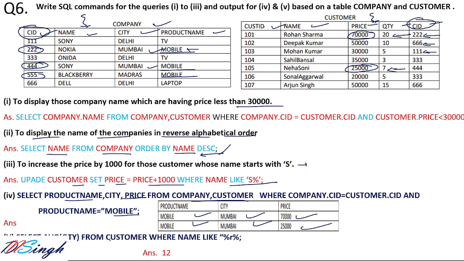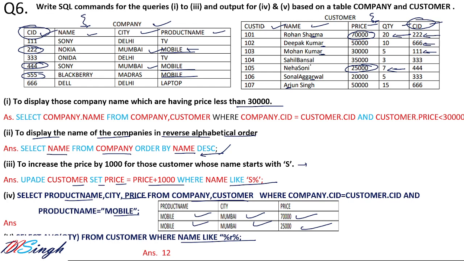Select average quantity from customer where name like R percentage R percentage. So for the customer, if the name somewhere has R in it, then you are going to sum all those quantities and get the average of them. So Rohan, R is available here, Kumar, R is available here, R is available here, R is available here.